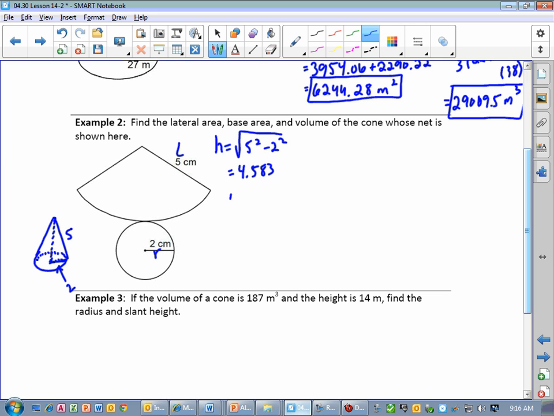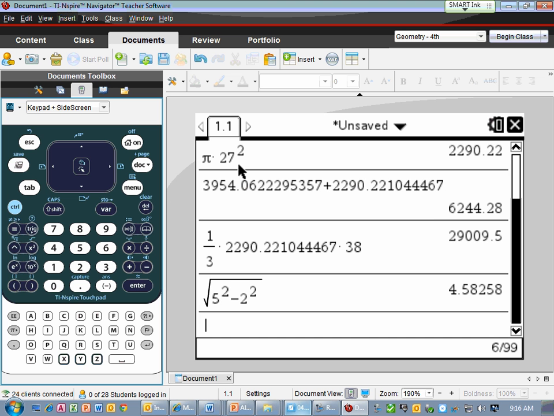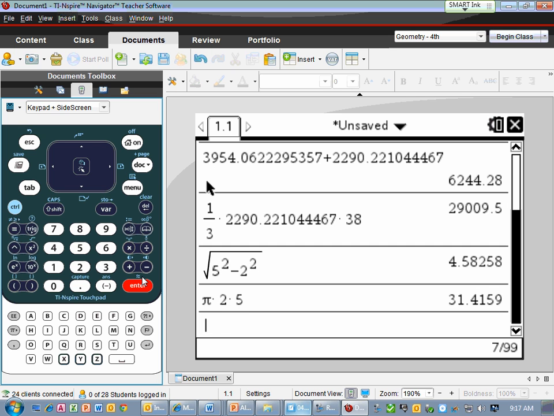All right. Now, lateral area. Well, we have a formula: pi r L. So pi times our radius, which is 2, and our L, our slant height, which is 5. That's given to us. So we have 10 pi, which in the calculator is 31.416.